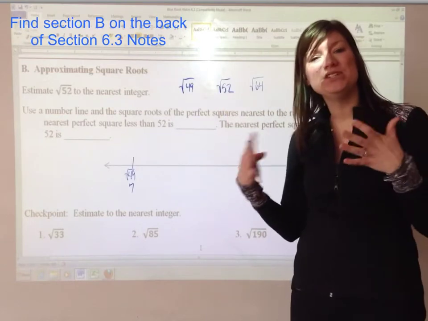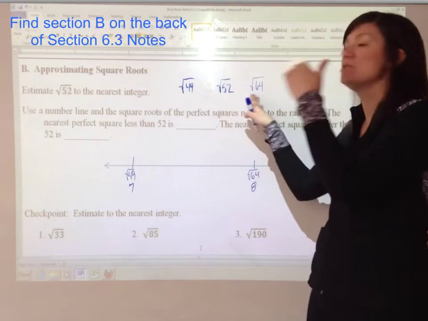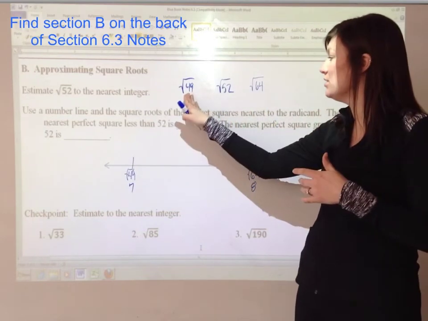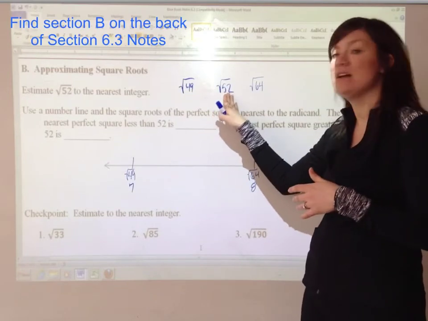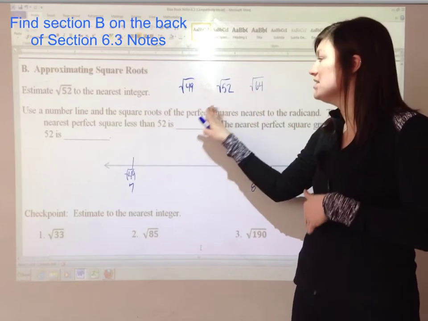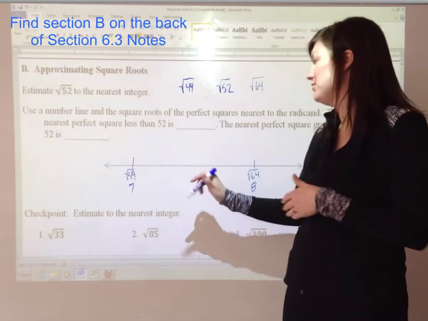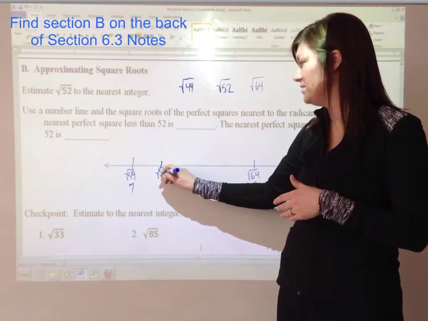So where does 52 fall in? Is it closer to the radical of 49 or is it closer to the radical of 64? Hopefully you can see 49 and 52 are 3 units away from each other, and 52 and 64 are 12 units away. So it's obviously a little bit closer to the radical of 49. So I'm going to place it right about here. I'm going to call that the radical of 52.